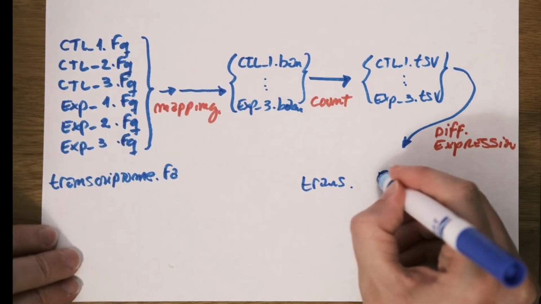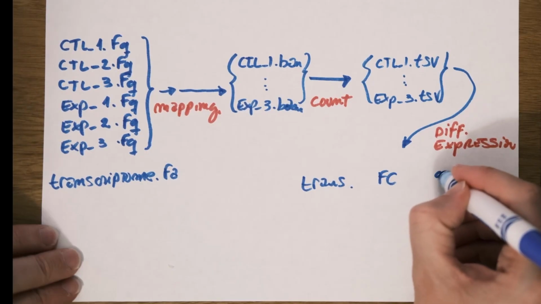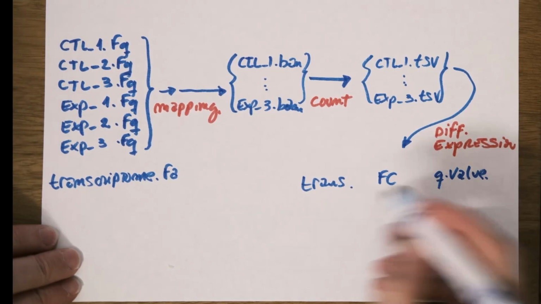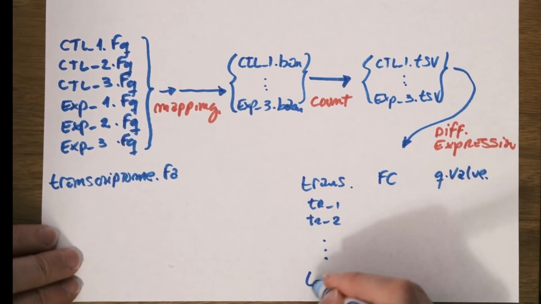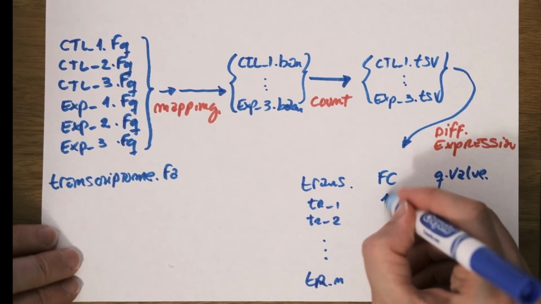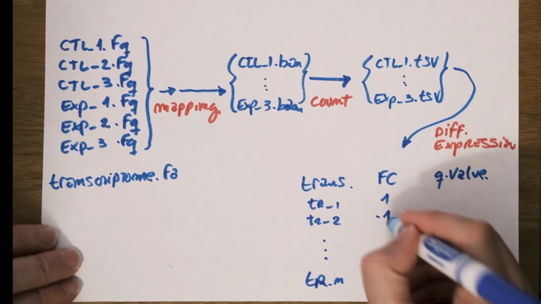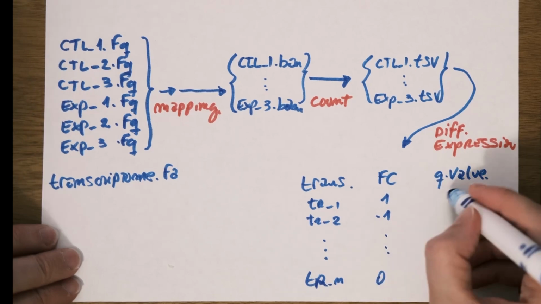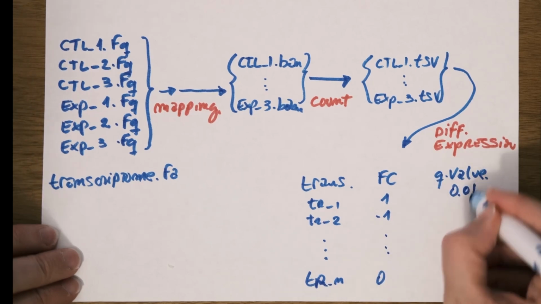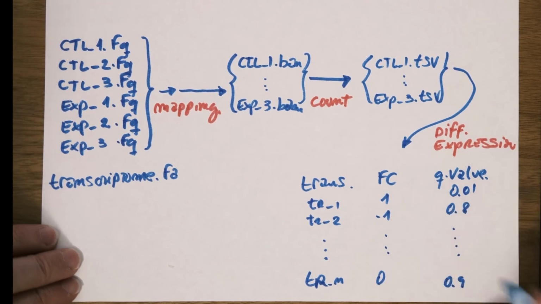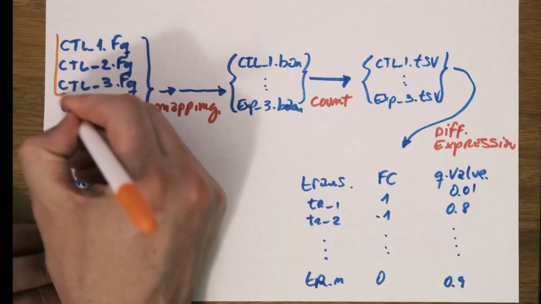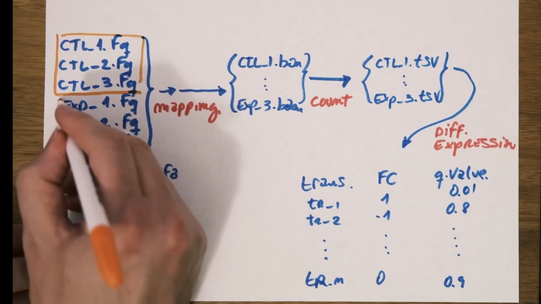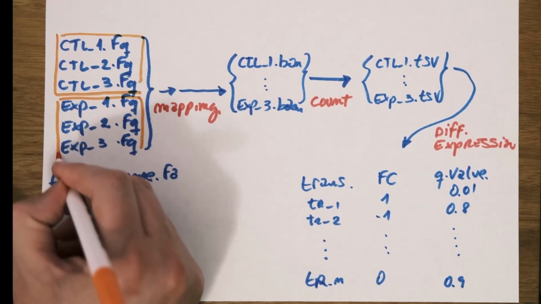We have the fold change, and we have the Q value or adjusted Q value. So we have transcript 1, transcript 2 till transcript N, and some transcripts don't change or change in the other direction, and we have different Q values, some significant, for every transcript. And the differential expression will be, of course, between these control samples and these experimental samples over here.